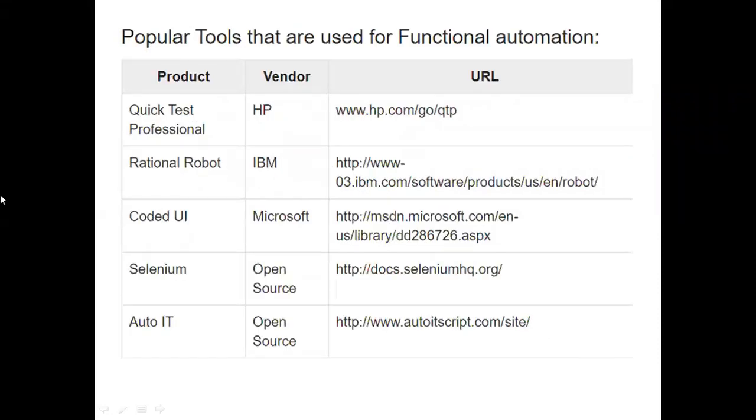So these are the popular tools that are used for functional automation. The product QuickTest Professional, HP. So this is the product name. Rational Robot, this is the product we are going to use for testing functional automation.